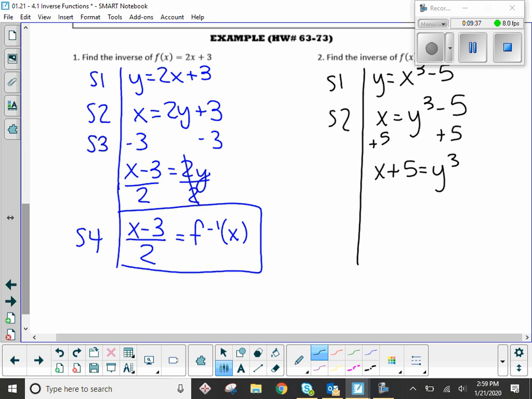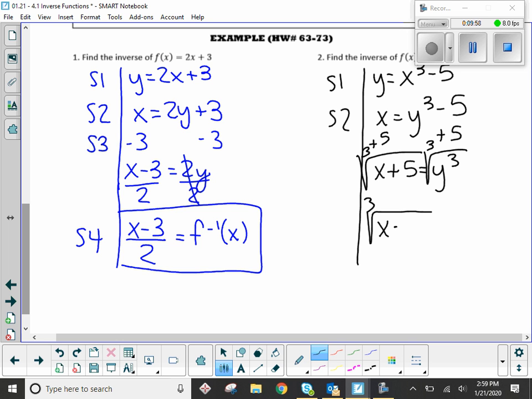They try to divide by 3, try to divide by 1, try to divide by y, or cube root. Okay? You want to get y by itself. It's currently being cubed. How do you undo cubed? Cube root. And you do that to both sides, just like how we do square root to get rid of square.